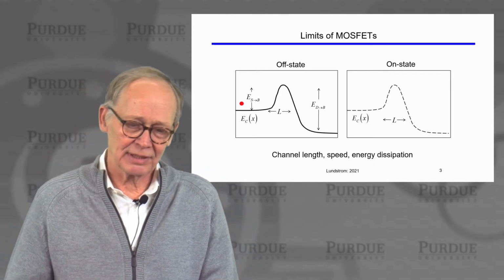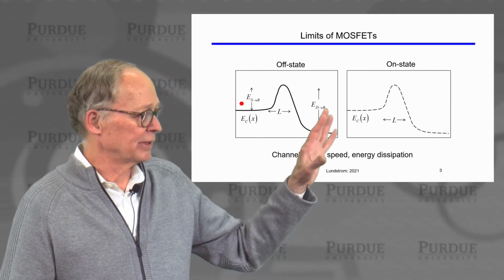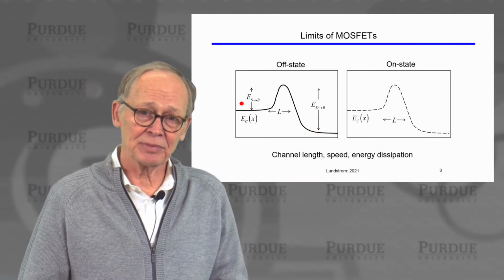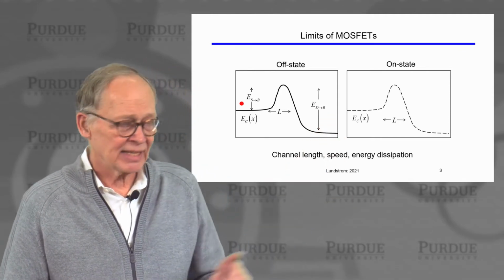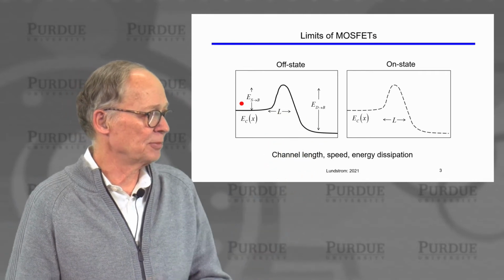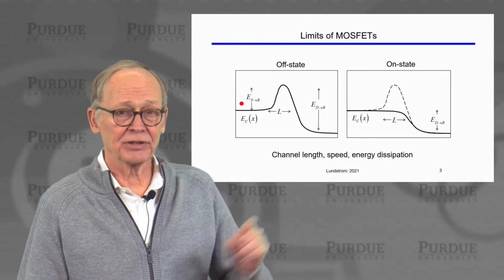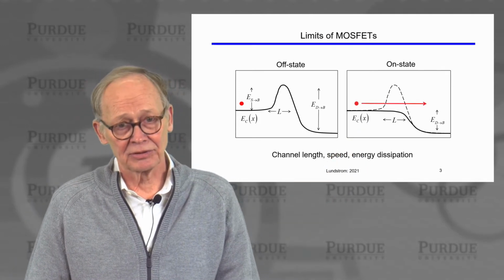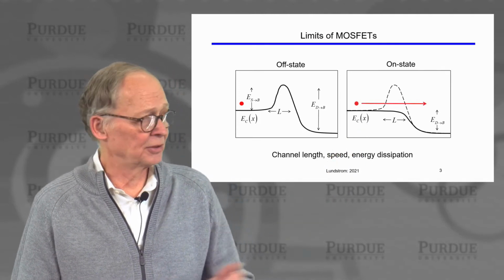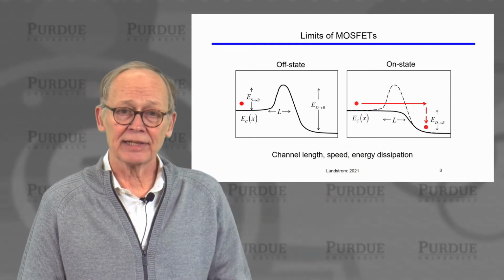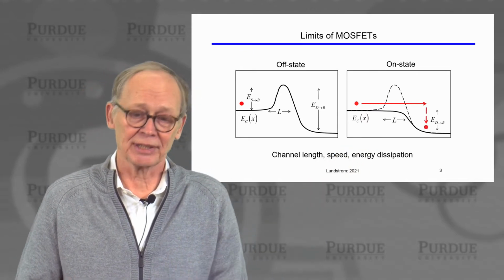Okay, so on the limits of MOSFETs. We did it by thinking about the simple energy band diagrams of MOSFETs. In the off state, there's a high energy barrier. In the on state, we push that energy barrier down, which allows electrons to flow from the source into the drain, where they shed their energy and stay, and that's a switching event.